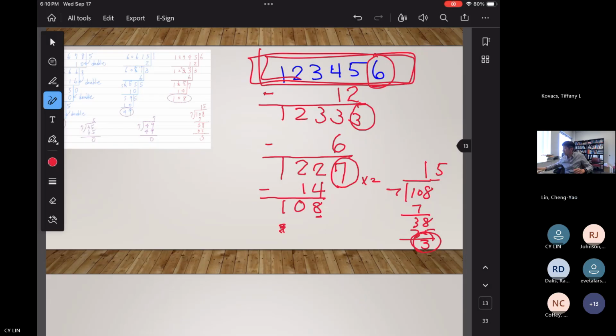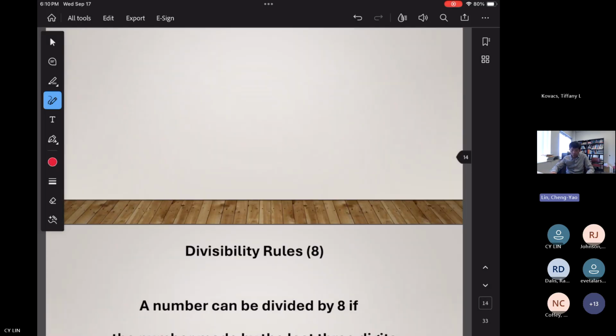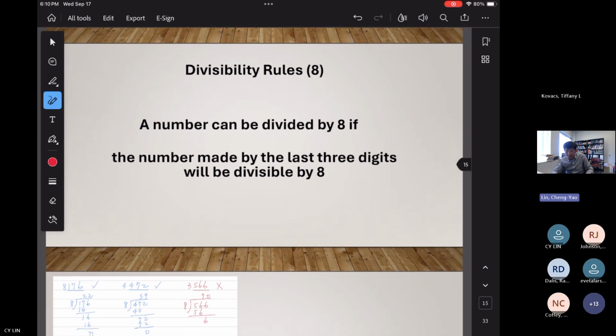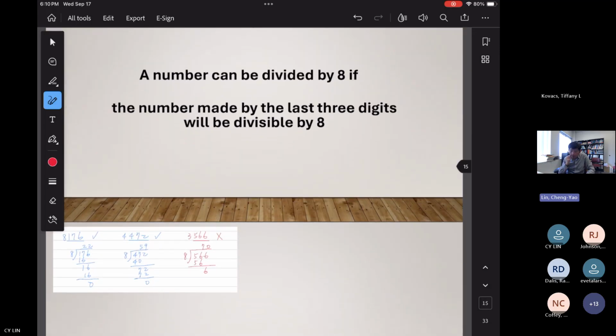Next, we're gonna do the divisibility rule for 8. A number can be divided by 8 if the last three digits are divisible by 8.